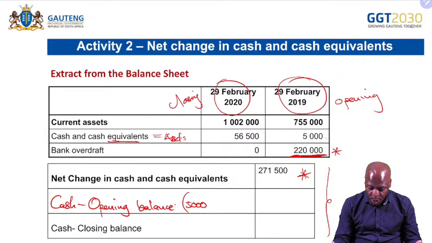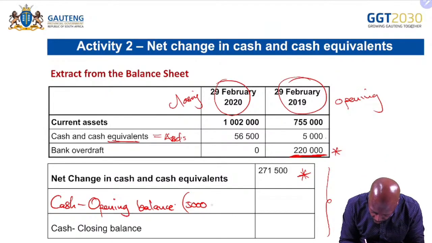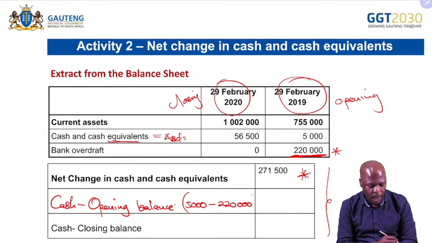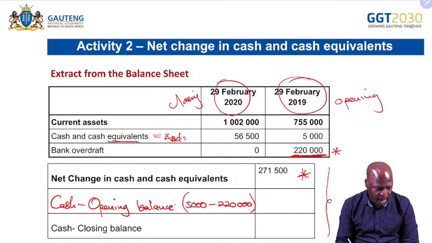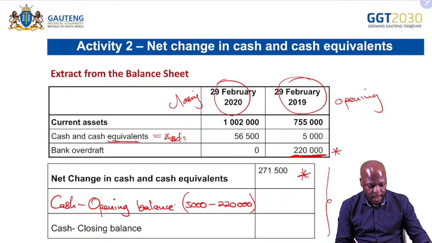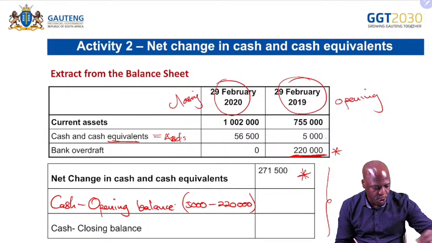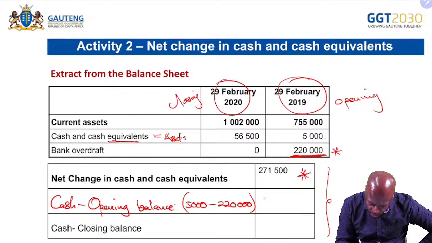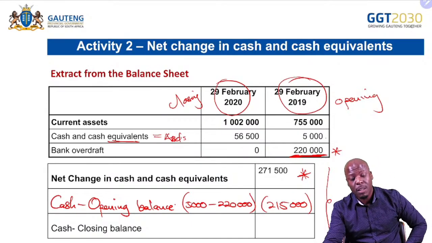So I'm coming here to say 5,000 minus 220,000. If you punch that in on your calculator, it should then give you an amount which is a negative 215,000.